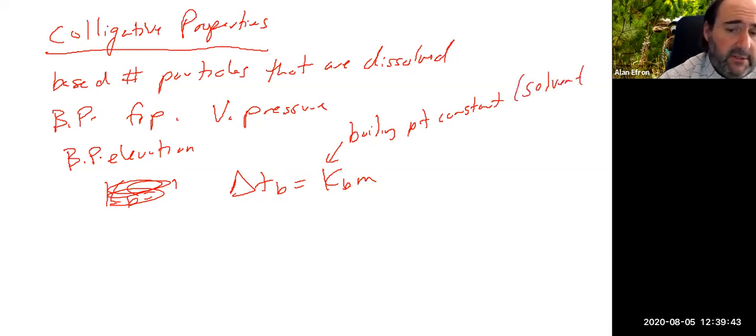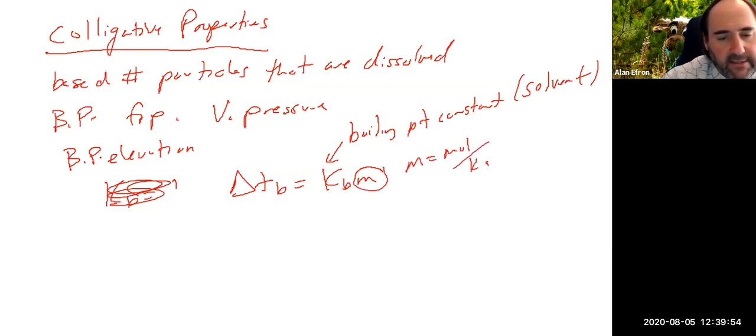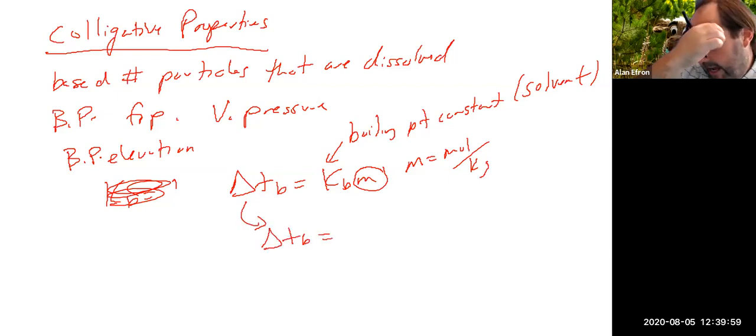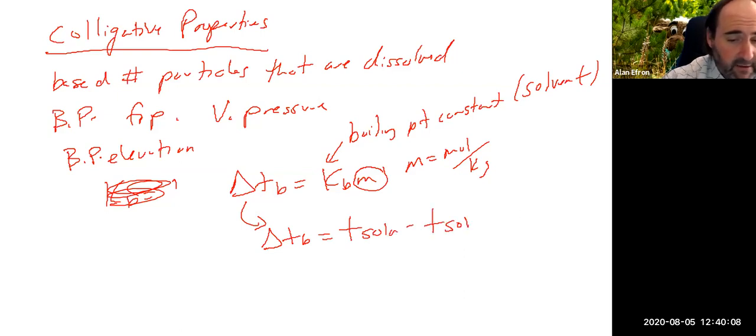So you want to make sure that you look up water, for example, or whatever other solvent it is, and not the solution. m is our molality, which is moles per kilogram. And delta TB is our change in boiling point temperature, not the actual boiling point of the solution. That is found by taking the temperature of the solution minus the temperature of the pure solvent by itself. And again, that gives you the correct addition or subtraction when you do that.